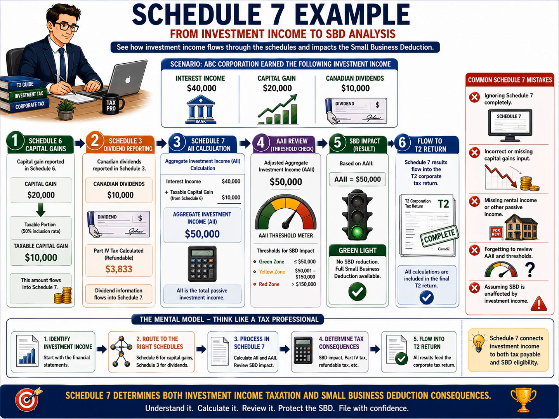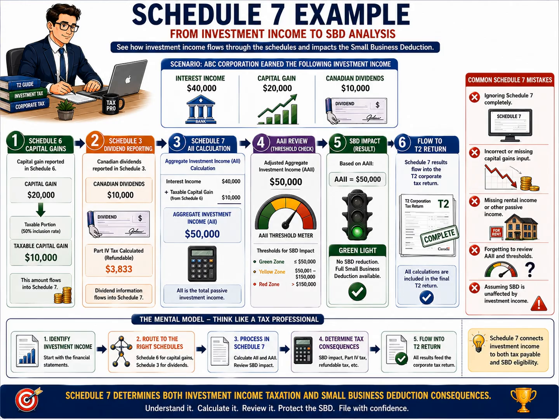Together, these amounts produce aggregate investment income, or AII, of $50,000. At this stage, Schedule 7 performs one of its most important functions. It evaluates the corporation's adjusted aggregate investment income, or AAII, and compares it against the small business deduction thresholds.